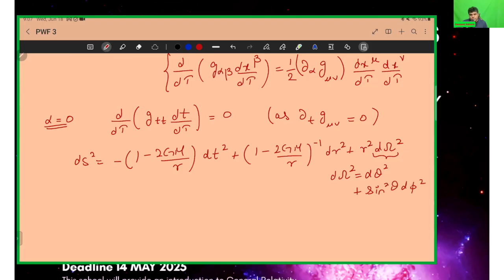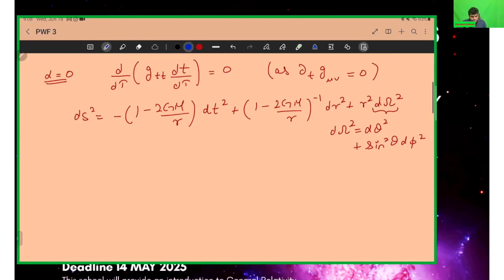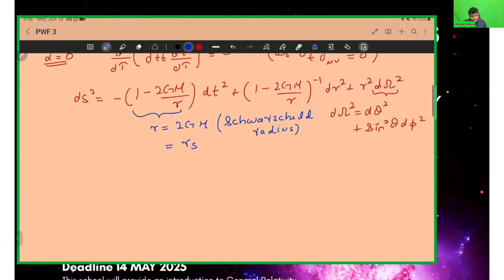I'm going to use this again and again whenever I don't care about the angular coordinates. There is one additional piece of notation that I want to introduce. I told you that the radius r equal to 2GM is called the Schwarzschild radius, and we have a different notation for it, referred to as r_s. So the time component of the Schwarzschild metric can be written as this.